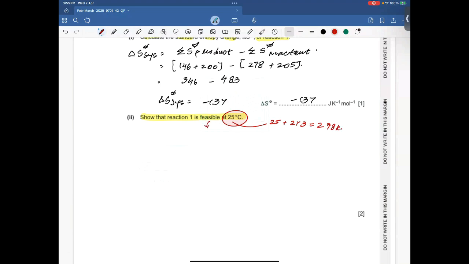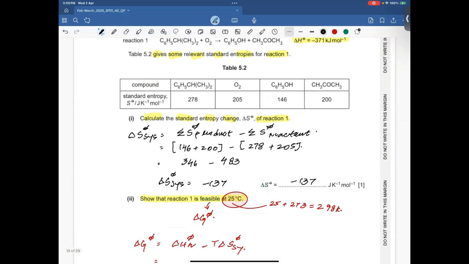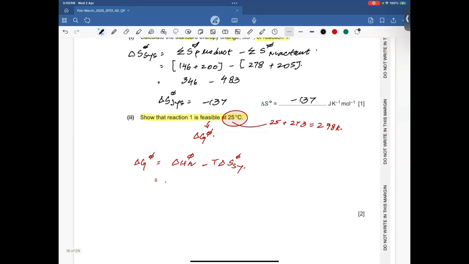In order to check the feasibility, I will use the Gibbs free energy change equation, which is like this: delta G naught equals to delta H naught R minus T delta S naught system. Let me plug in the values.